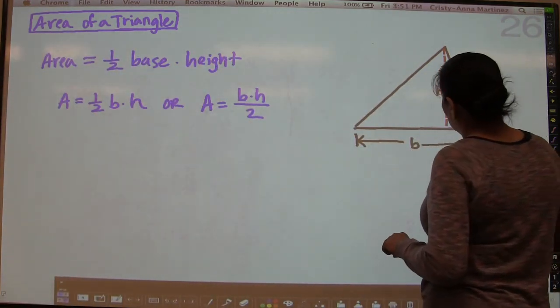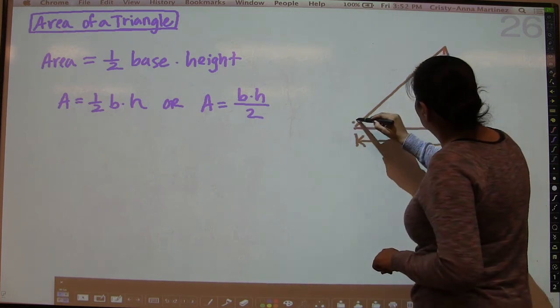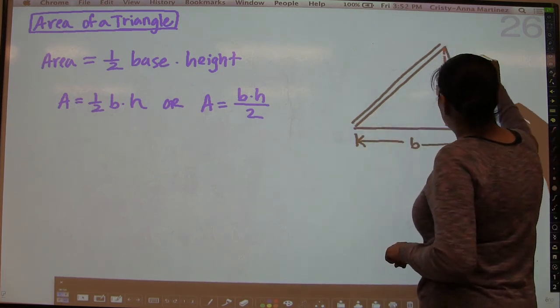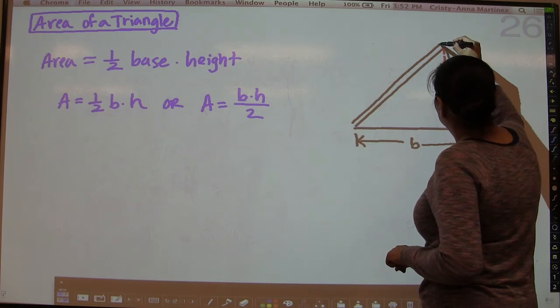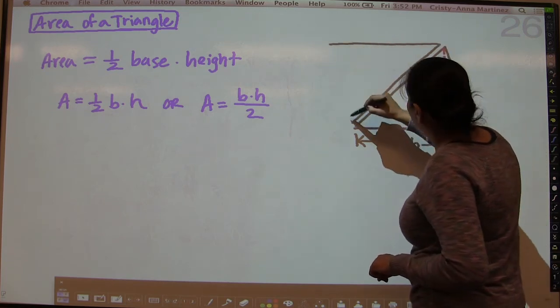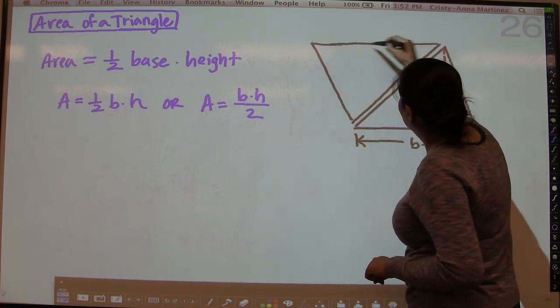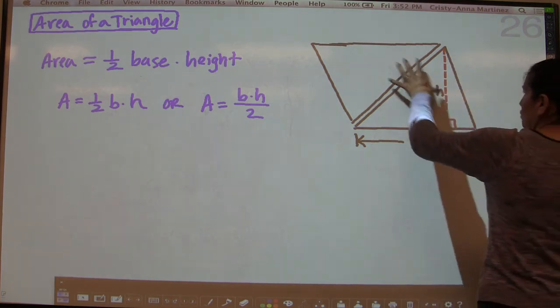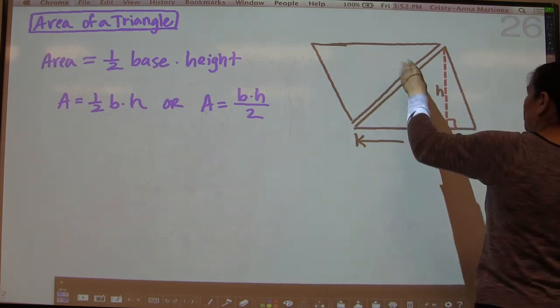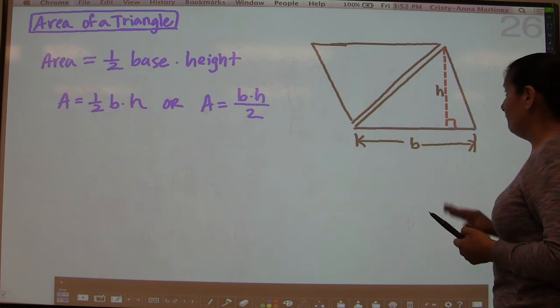Let me see if I can show you. What if I took another triangle, the same exact triangle, like that.